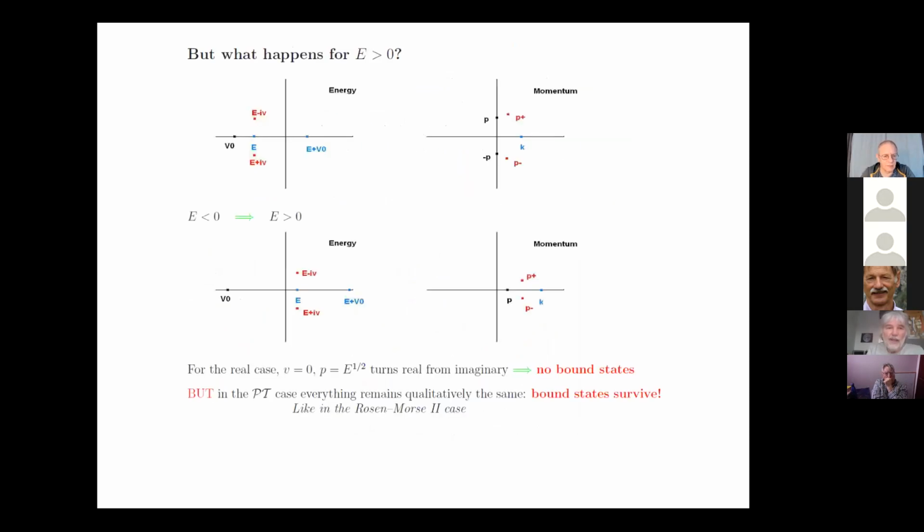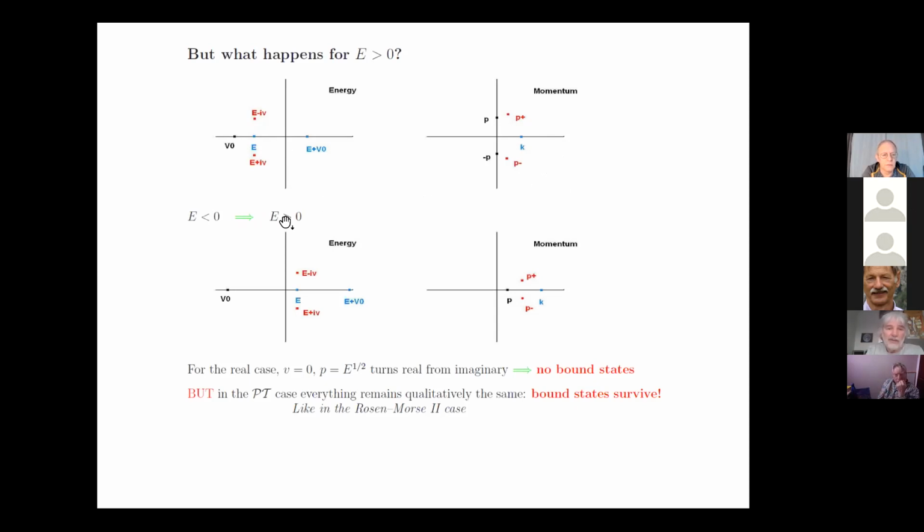Okay. So now what happens for positive energies? That means if we are above the 0 energy level. So here, if we stay with the energy below the threshold, then in the momentum space, we are going to have this distribution of these P and K momentum-like variables.